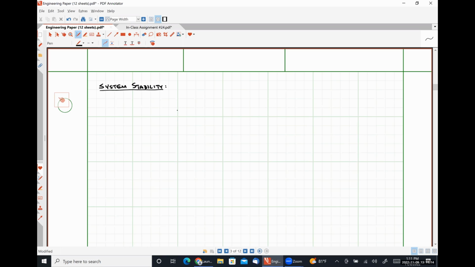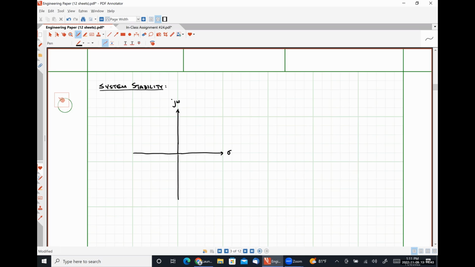So here is our S-plane diagram, where the horizontal axis corresponds to sigma, the real part of our complex frequency S, and the y-axis corresponds to j omega, the imaginary part of our complex frequency S.